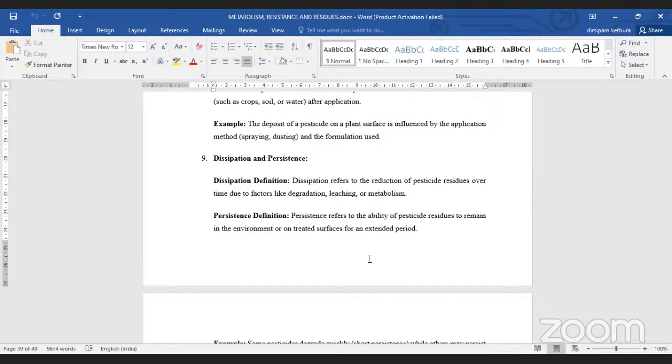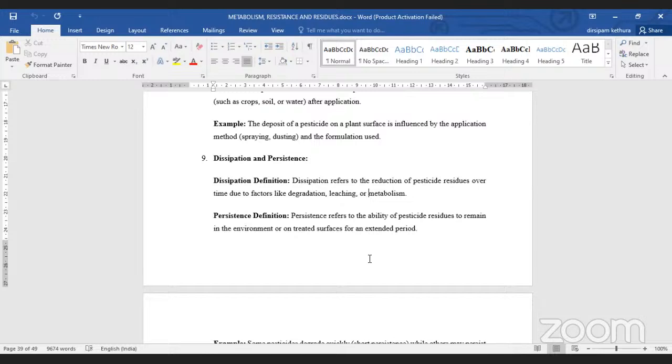In nature, dissipation of residues takes place in two steps. In the first step, the disappearance of the residue is fast, and this is called as dissipation. And in the second phase, there is a slow decrease in the amount of residue, which is called as persistence.